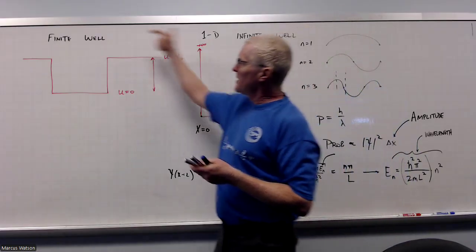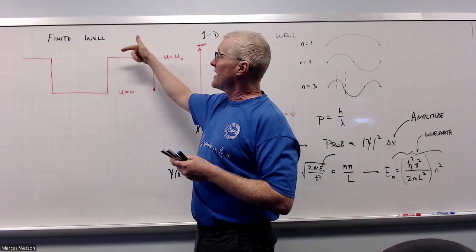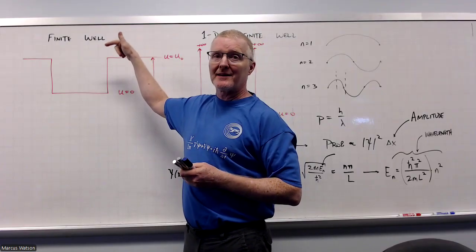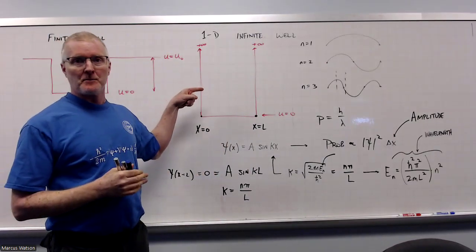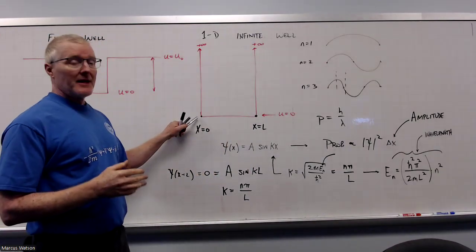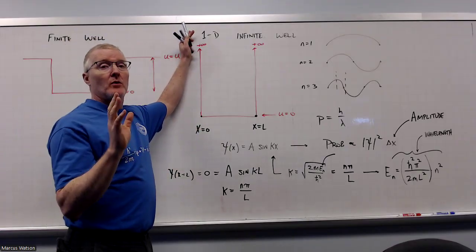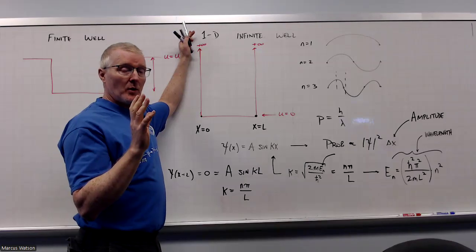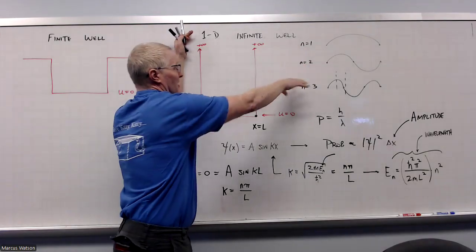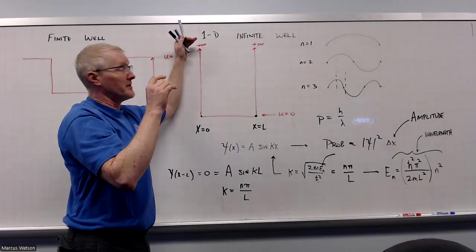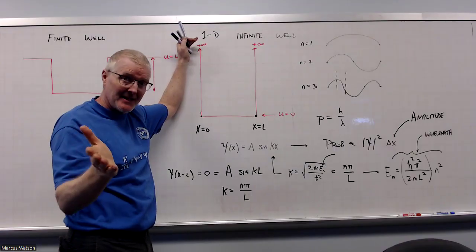If I now try to put a particle in here, what's the difference in the wave function going to be such that I want to be able to look at it and recognize, oh, I've got one of these, or I've got one of these, okay? Notice, in this case, with the infinite well, we talked about the idea that the wave function has to go to 0 in these regions out here and out here, where the potential energy is infinity.